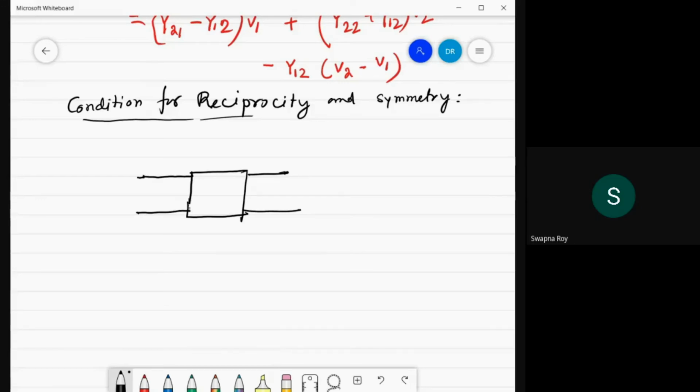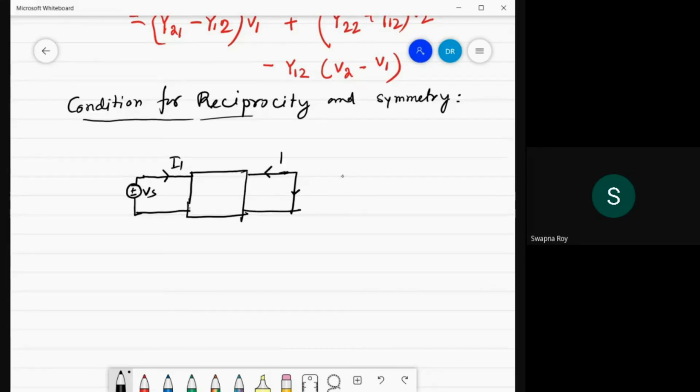So here in the input port we are applying a voltage source Vs. This is I1 current is entering and output port is shorted.